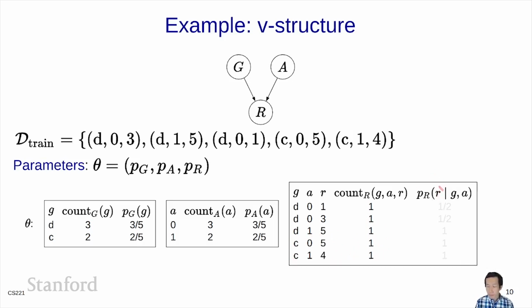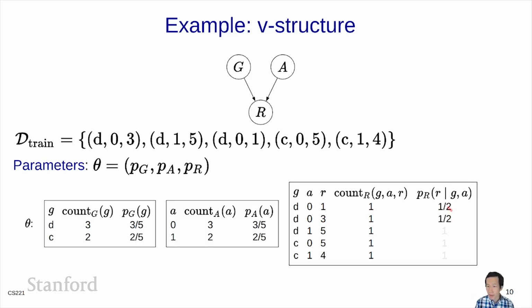And now I want to normalize, so I have to be a little bit careful. I don't want to add all these numbers and normalize because this is conditioned on G and A. So that means for every setting of G and A, I have my distribution over R. I'm going to look at D0. So I have one occurrence of R equals 1 and one occurrence of R equals 3.